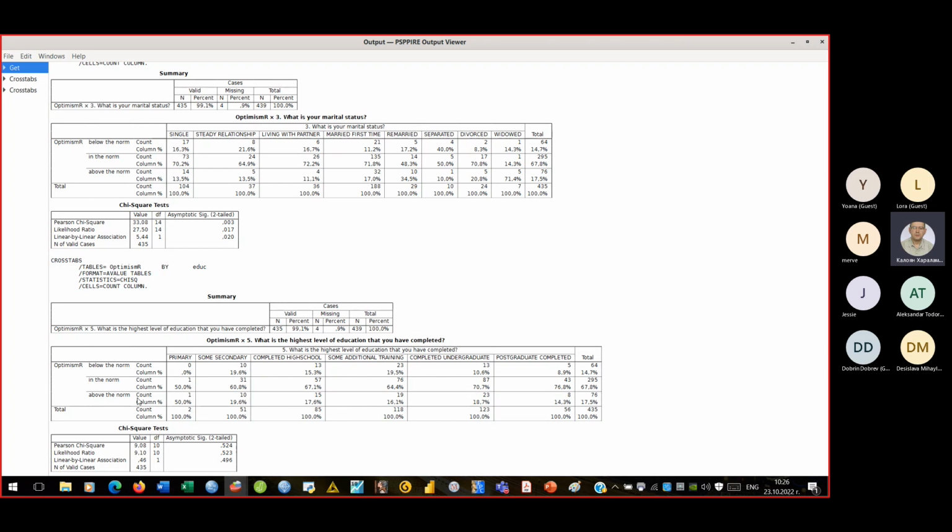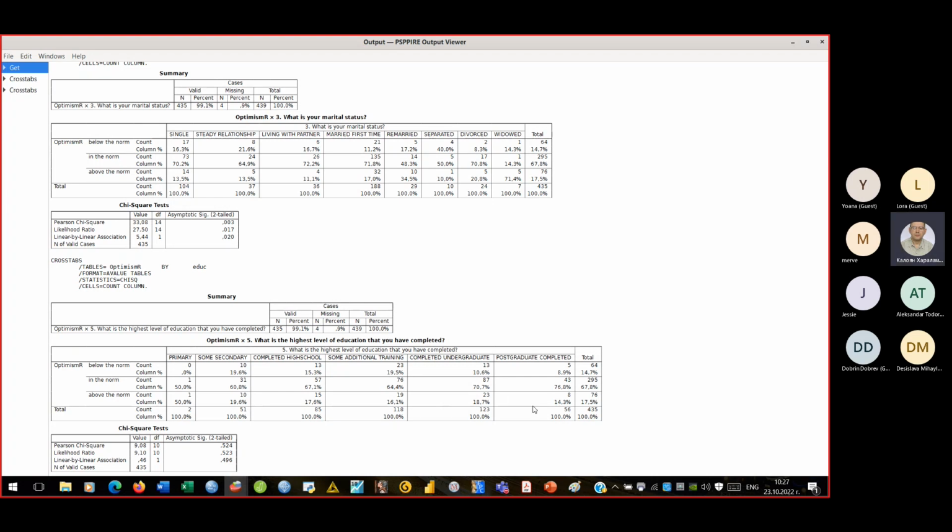For the third category, above the norm, we can see decreasing, decreasing, decreasing, increasing, and again decreasing. So generally speaking, when the educational level increases, then the percentage of the category above the norm decreases, again with one exception for the completed undergraduate.